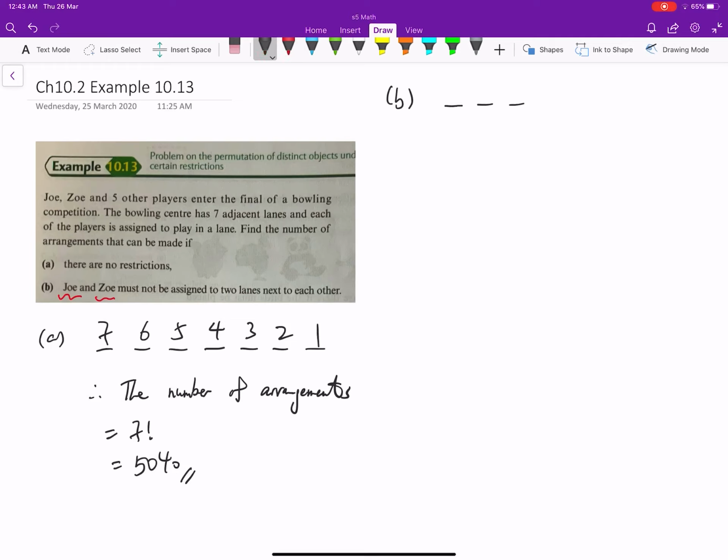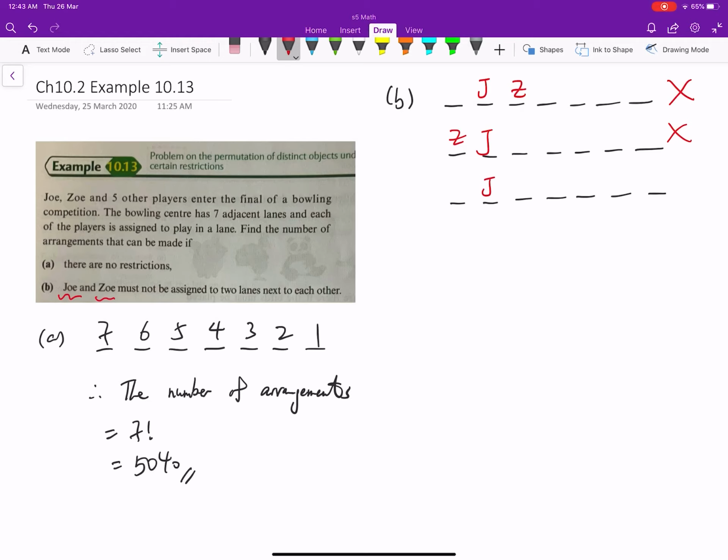That means if there are 7 lanes, then for example Joe and Sui next to each other is not accepted. And also Sui and Joe next to each other is also not accepted. If they are not adjacent to each other, then it's okay.